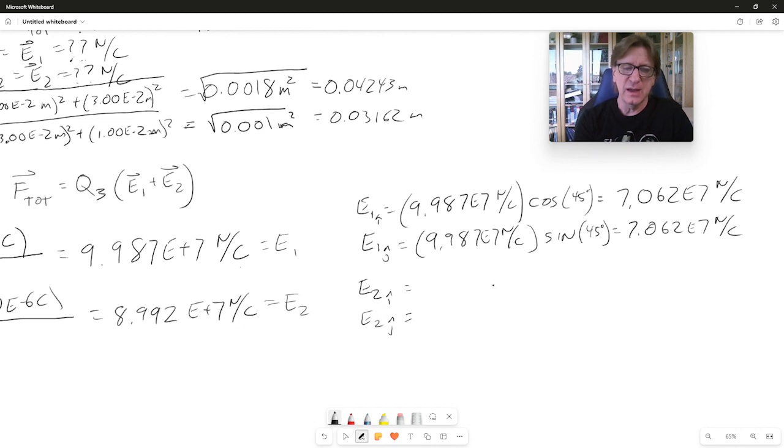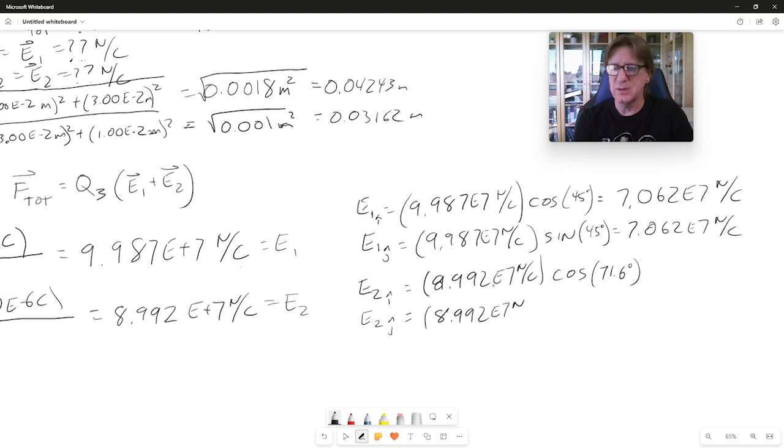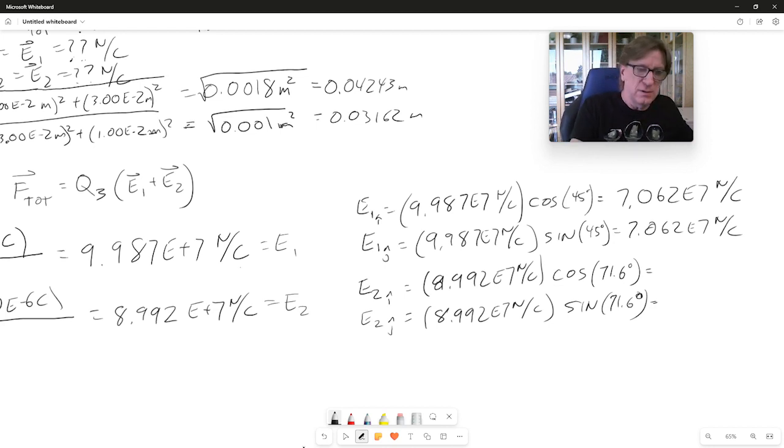We decided that E2 was 8.992 e to the 7 newtons per coulomb, cosine 71.6 degrees, and our E2 j was 8.992 e to the 7 newtons per coulomb, sine 71.6 degrees. All right, going back to our online calculator then.